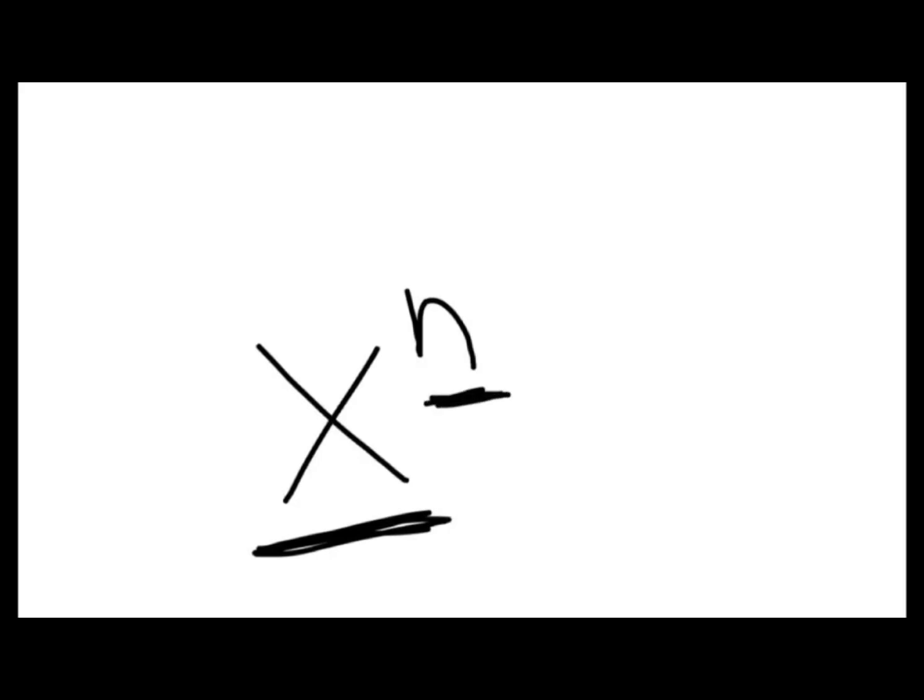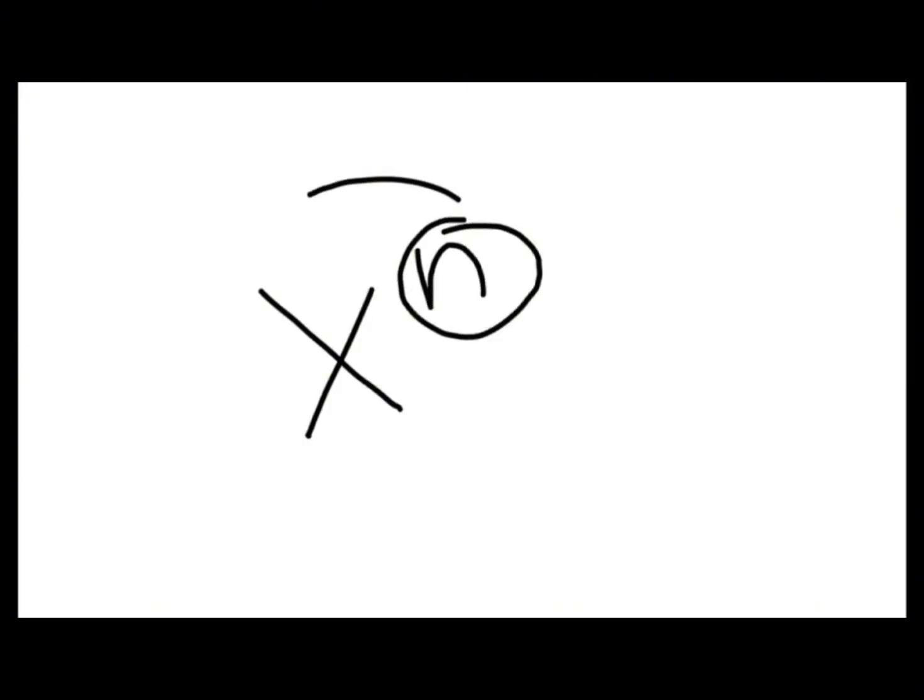We have the variable, which is the x, and we also have the exponent, which is the n naman. So to get the derivative, we will multiply the exponent sa ating magiging coefficient, then right after, sa exponent naman, or sa n, ay we will subtract 1.